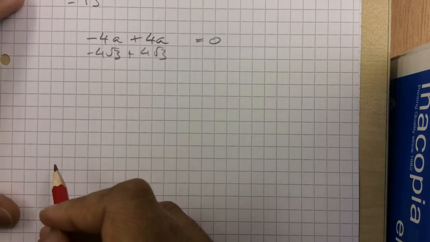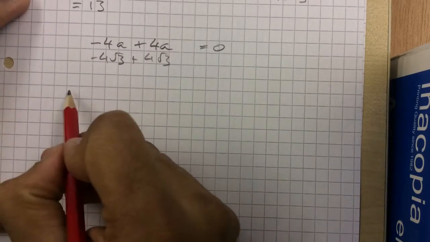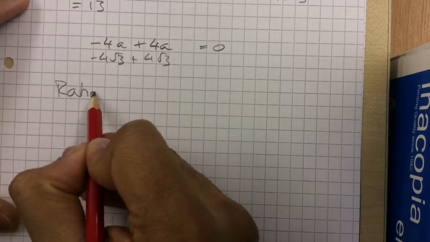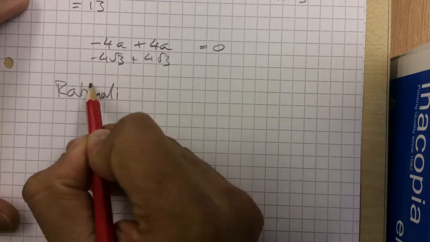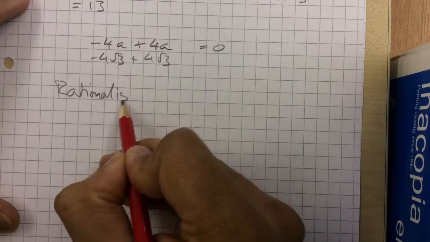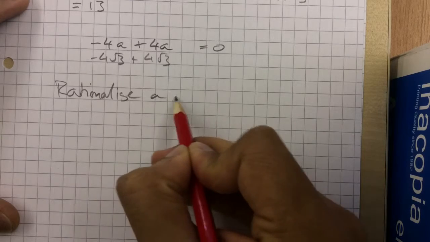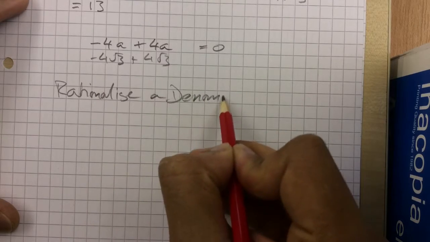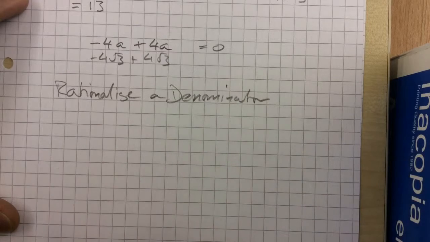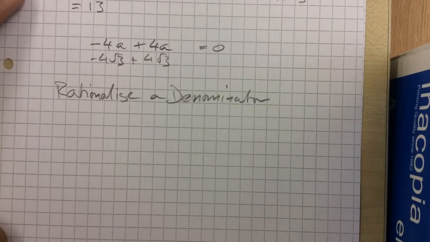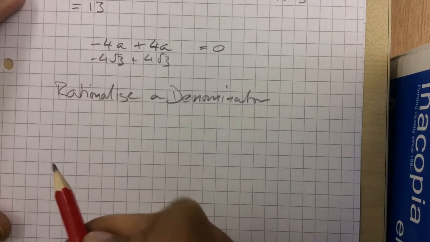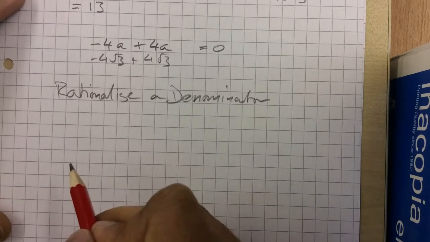Okay, so the last thing we're going to do is rationalize a denominator. Rationalizing a denominator means that we need to have a rational number in the fraction at the bottom.